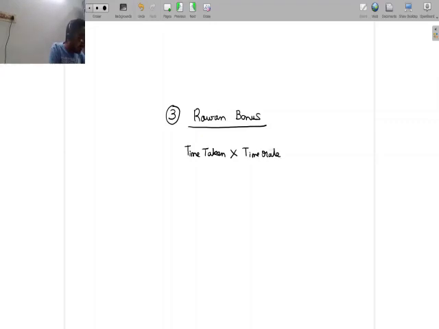This is the minimum that an employee has to be paid. Time taken into time rate plus time saved divided by time allowed into time taken into time rate. So this is the formula for Rowan bonus.